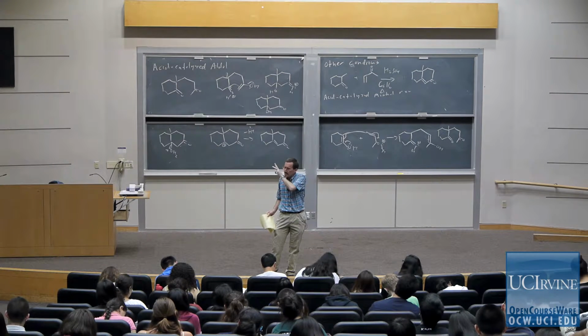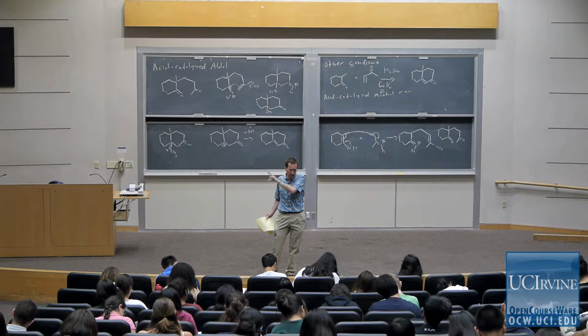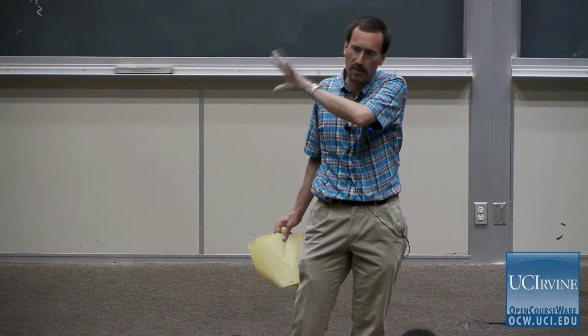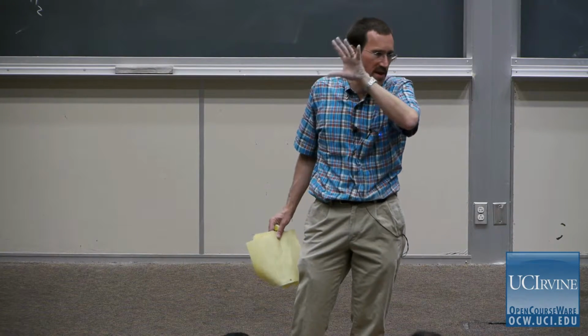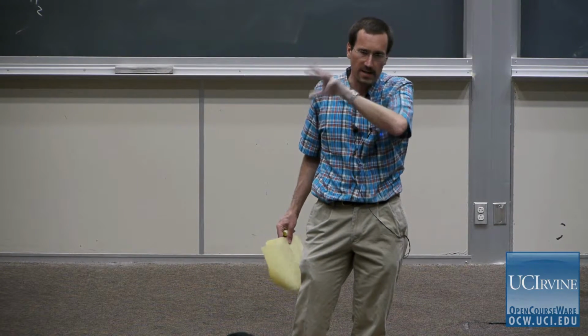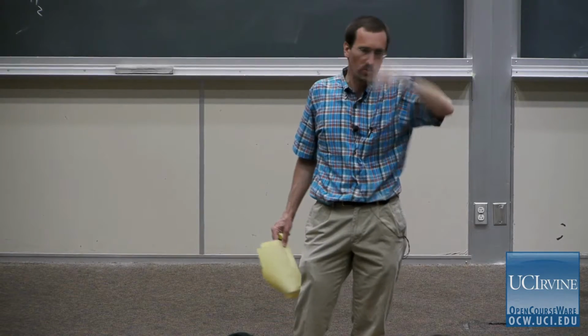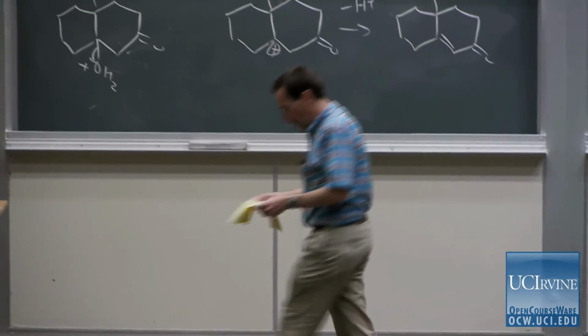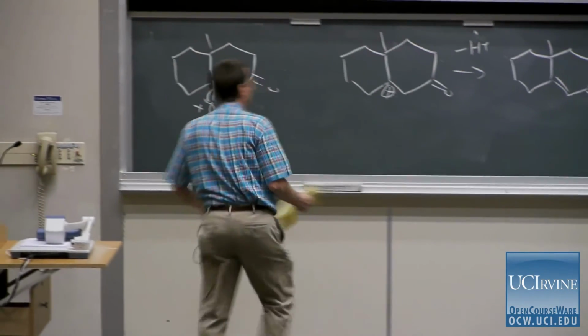Dehydration by an E1CB mechanism, remember that's what I called it when we talked about a Michael, we talked about the aldol dehydration under base conditions. It's elimination unimolecular conjugate base. It means you pull off a proton and then do an elimination, or elimination by way of forming a carbocation.